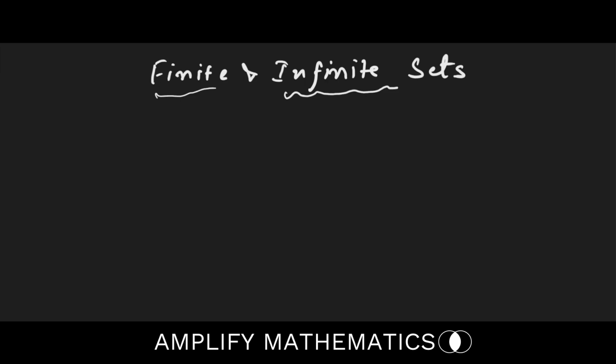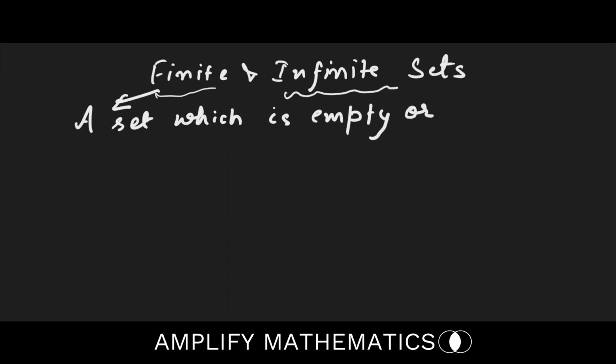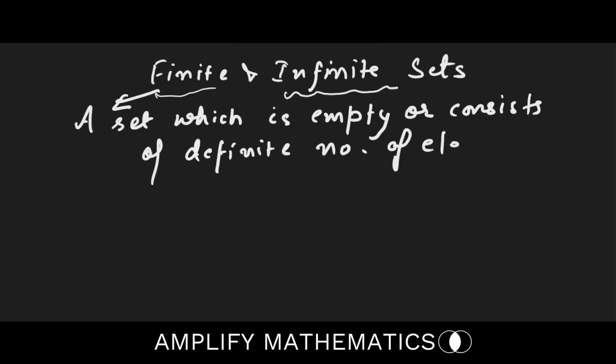Okay, so finite का definition है: a set which is empty or consists of definite number of elements. तो फाइनाइट सेट्स में कौन से सेट्स काउंट होते हैं? वन इज एम्प्टी सेट, अ सेट विच इज एम्प्टी, या फिर वो सेट्स जिनके नंबर ऑफ एलिमेंट्स डेफिनेट हैं। ओके, दे आर कॉल्ड फाइनाइट सेट्स.